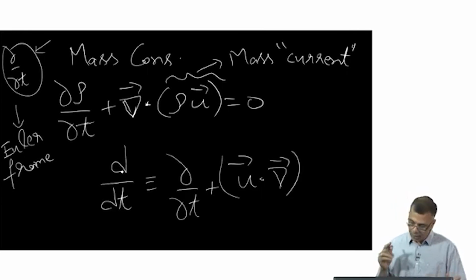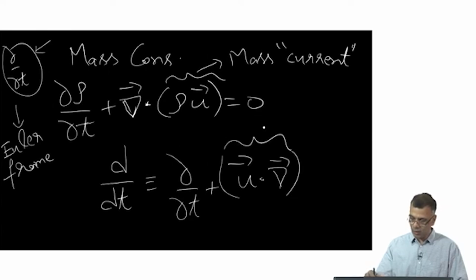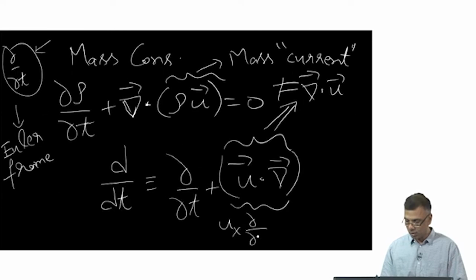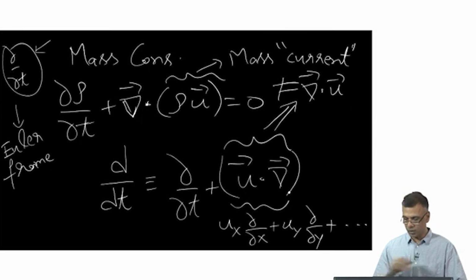Mind you, this is not the same as del dot u. What this would be, in Cartesian coordinates, would be something like ux d over dx plus uy d over dy and so on and so forth. That's what this operator is.